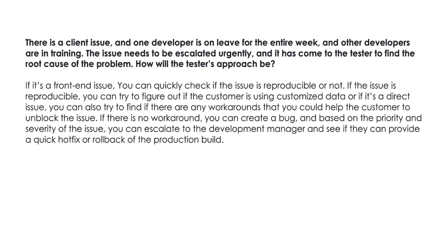You can also try to find if there is any workaround that could help the customer to unblock the issue. If there is no workaround, you can create a bug, and based on the priority and severity of the issue, you can escalate it to the development manager and see if they can provide a quick fix or a rollback of the production build.